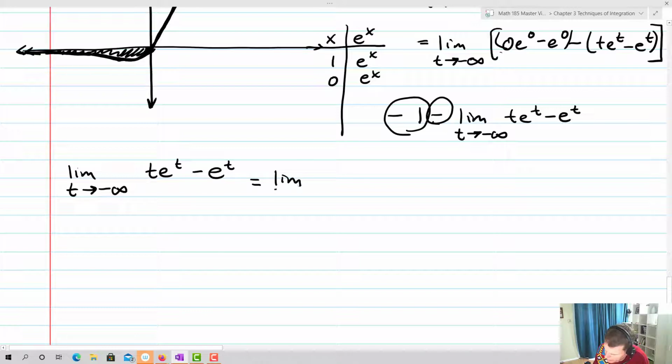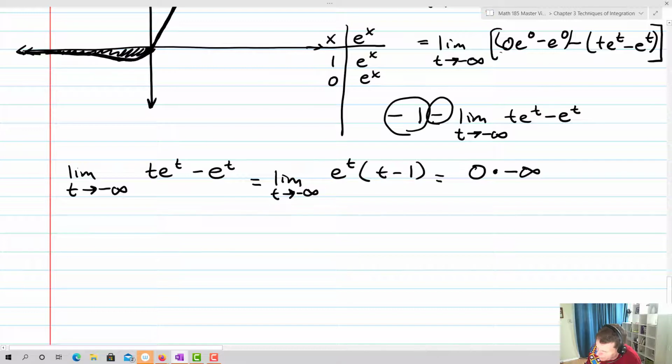So this will be the limit as t approaches negative infinity of e to the t times t minus 1. If I evaluate that, I end up with e to the negative infinity, which is 0, times negative infinity, because negative infinity minus 1 is still just negative infinity. So that's a problem, right? I have an undefined limit.